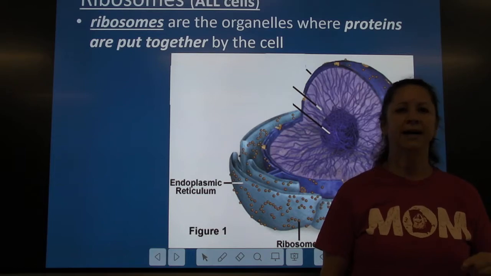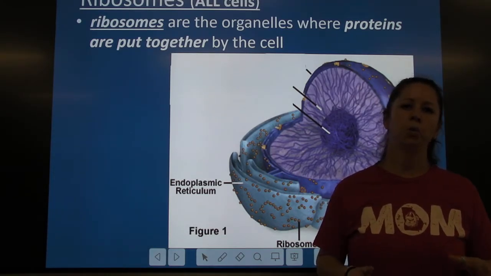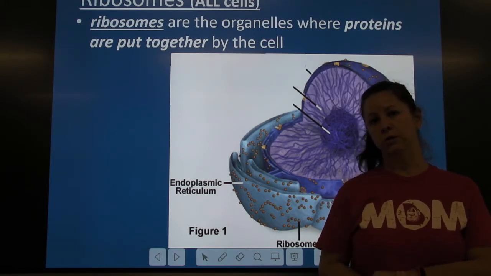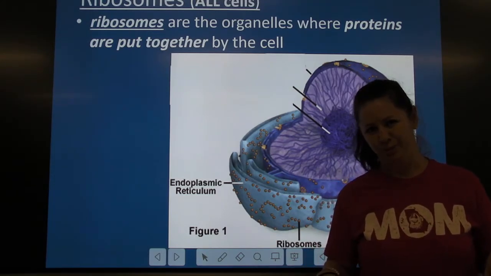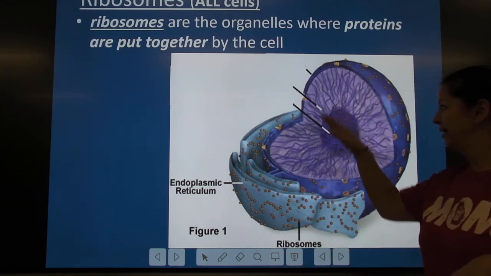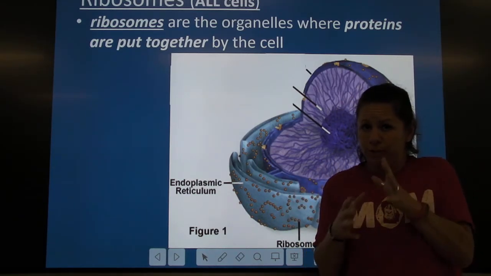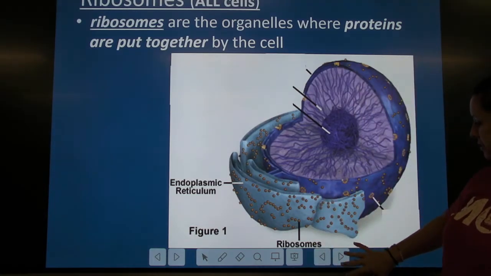Ribosomes are truly tiny, but they are very, very important because a ribosome makes proteins. And y'all, one of the things that we're going to talk about eventually is the fact that proteins run the cell. So while the nucleus is the big part that does everything it's supposed to, ribosomes are making the proteins, and those are like the signals that talk about everything to the cell.